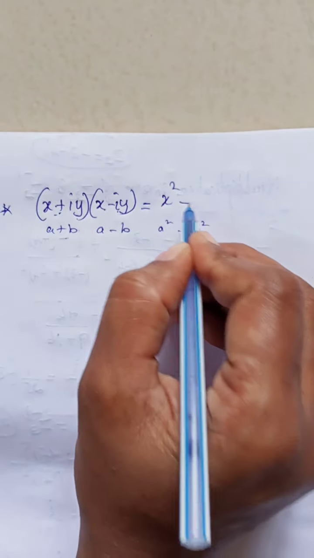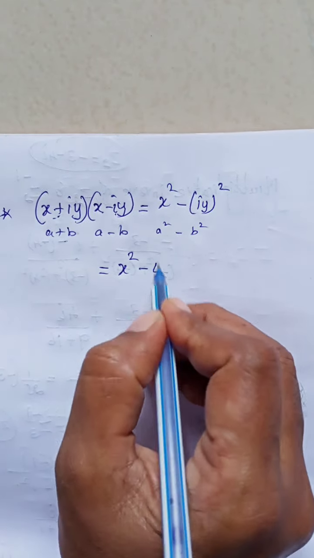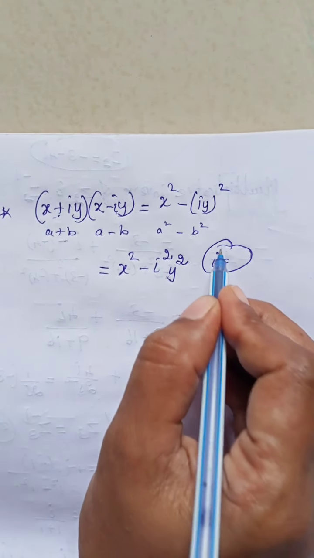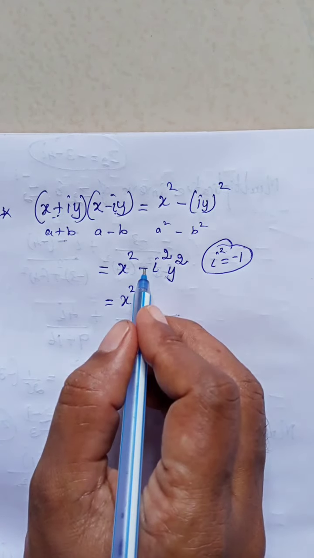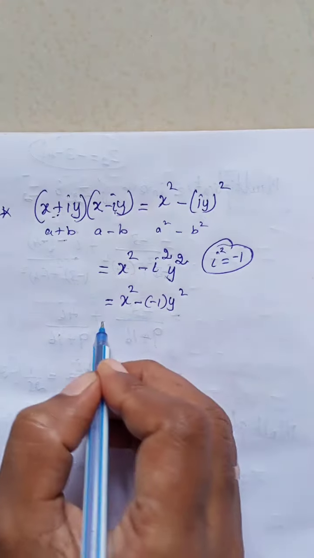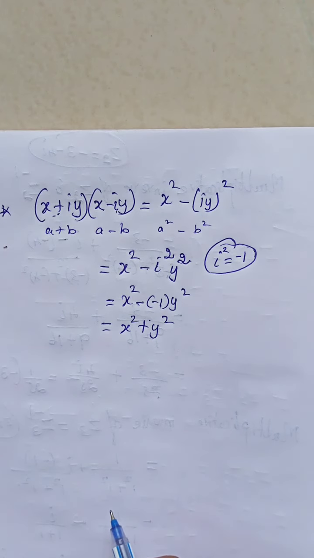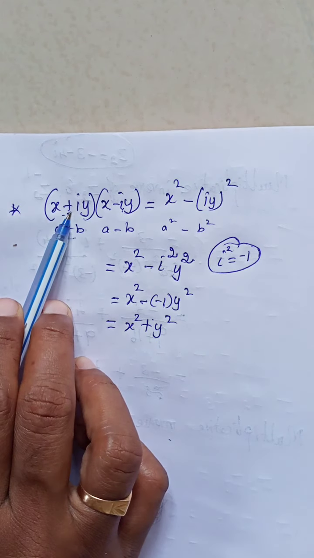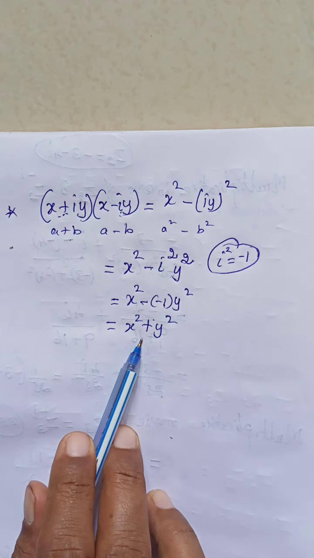So here x square minus iy the whole square, that is x square minus i square into y square. But we know the value of i square is minus 1. So that is x square minus minus 1 into y square, or x square plus y square. Here there is no i. If there is an imaginary unit, we say it is a complex number, but here there is no imaginary unit. So the product of a complex number and its conjugate is always a real number. Is that clear?